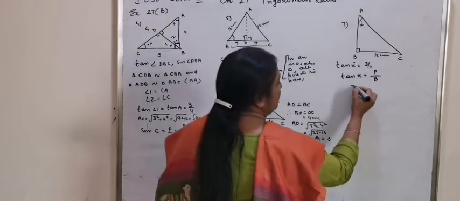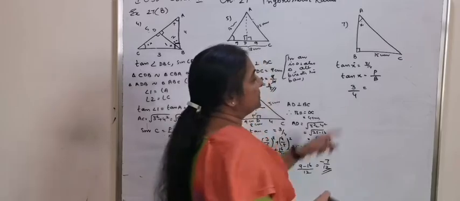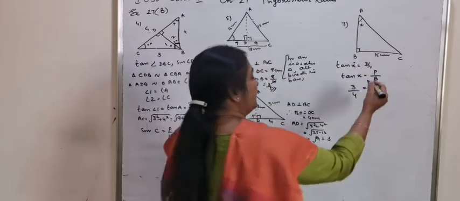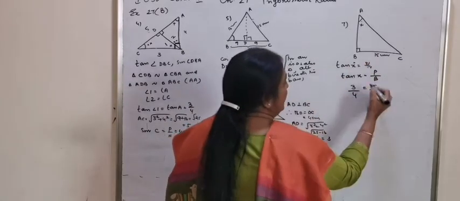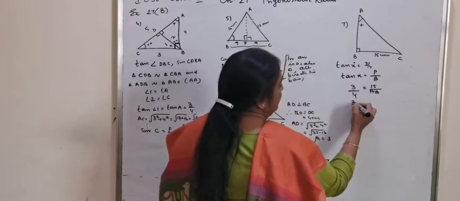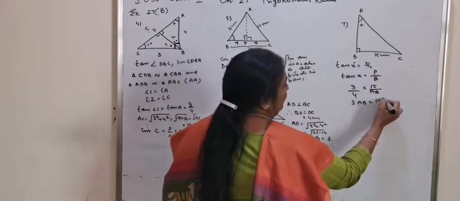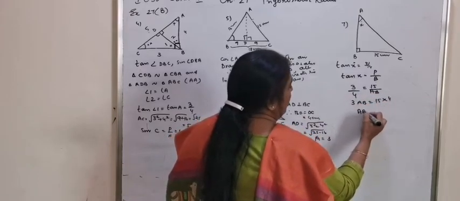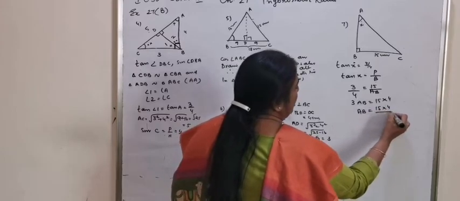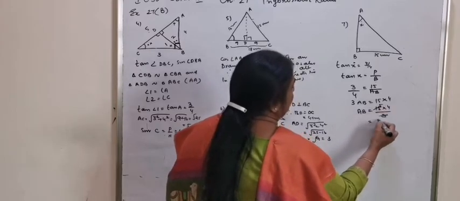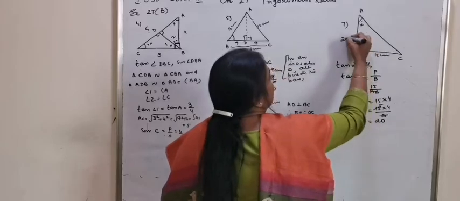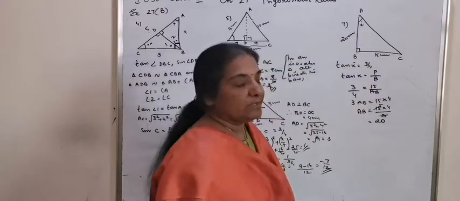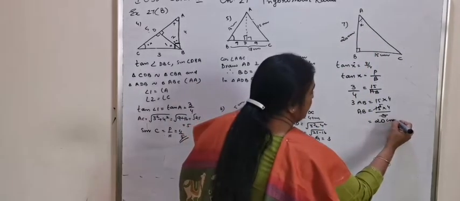Instead of tan x, you can write the 3 by 4 ratio is equal to the perpendicular length given as 15 by base AB. 3AB is equal to 15 into 4, or AB is equal to 15 into 4 by 3, which is equal to 20 centimeters. So AB length is 20 centimeters.